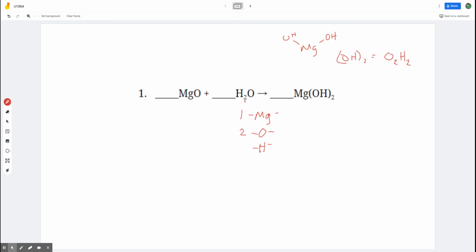And then hydrogen, two of them. On the right side, magnesium, one, and then one oxygen and one hydrogen. But remember the subscript 2, and they're in parentheses, so it distributes and works out like this, two oxygens and two hydrogens. So this one is already balanced. So we can just put ones in for everything.